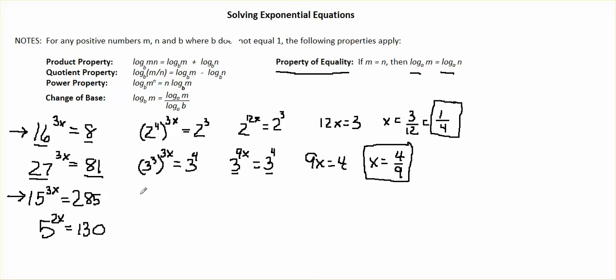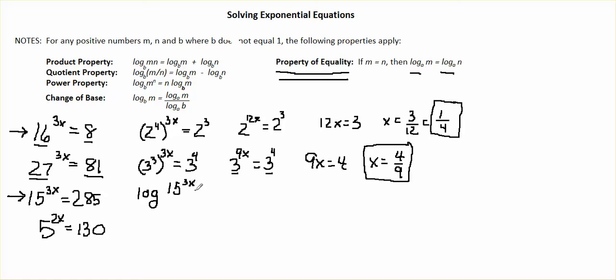We have 2 of them, and we're going to use the common log to solve them. And we're going to use this property of equality to solve them. We have 2 things that are equal, and so in order to solve them, we're going to take the log of both sides, and I'm going to use the common log because then if we want to, we can plug that in our calculators and solve.